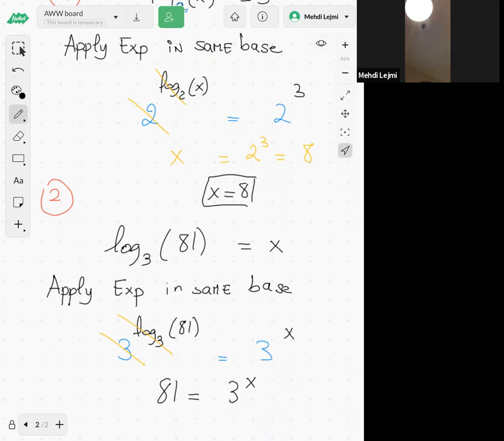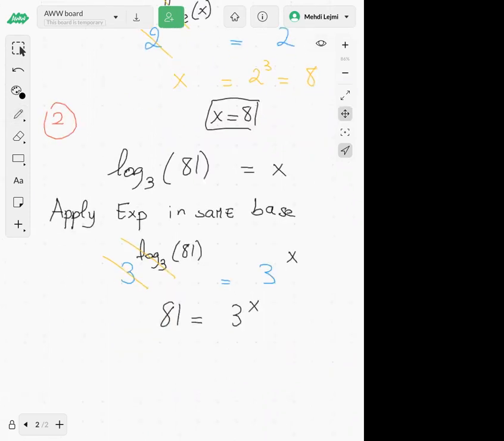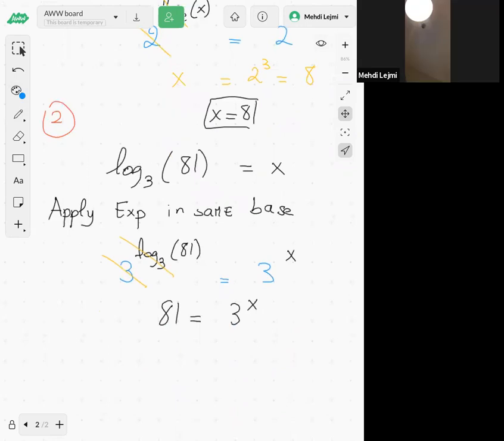So the question is, for which power x is 3 to the power x equal to 81? Well, 3 to the power 4, yes. So this 81 is 3 to the power 4, right? So again, when you have the same bases, it's base 3, so then the powers are equal.